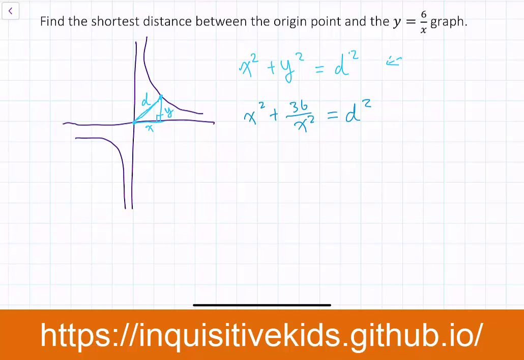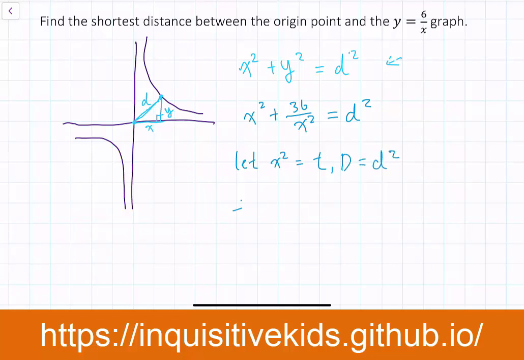And now that we see x squared repeating more than once, we can let x squared be equal to t and let uppercase D represent d squared.